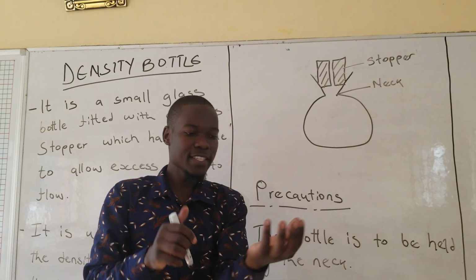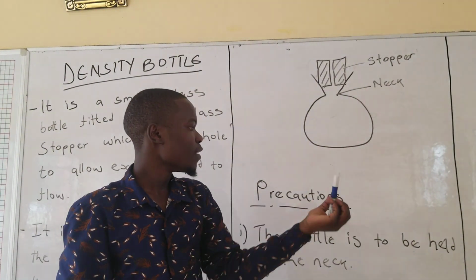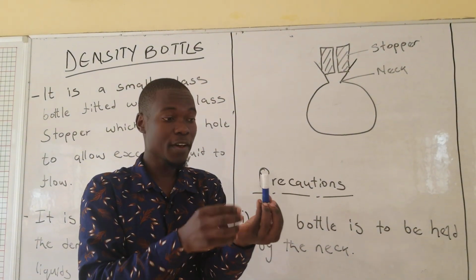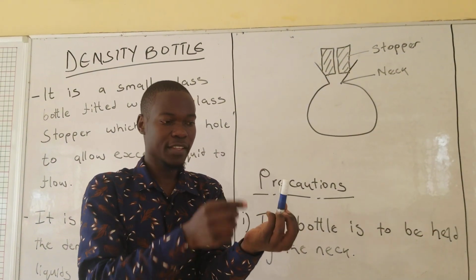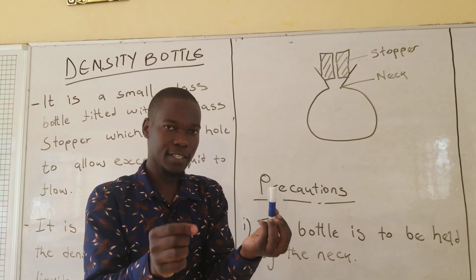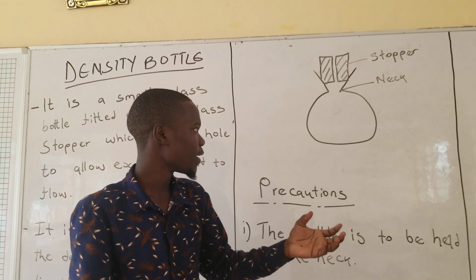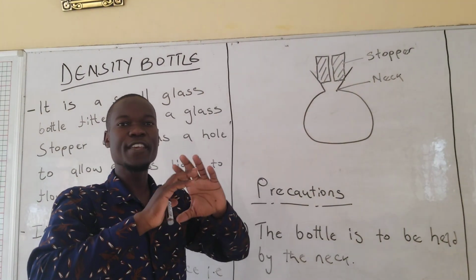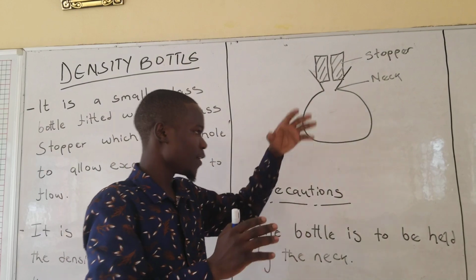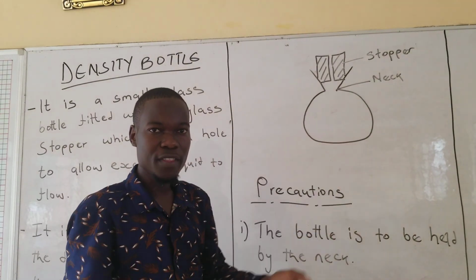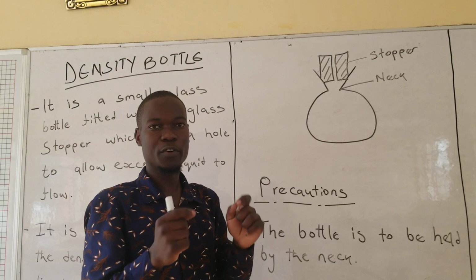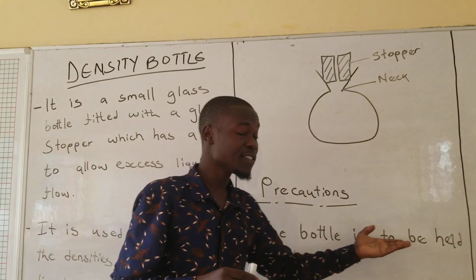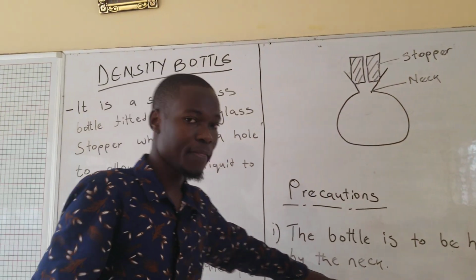My hand has a certain degree of warmth. Therefore, the moment I hold it this way, the density bottle, being made of glass, will expand. And the moment it expands, this is going to interfere with its capacity. If the capacity of the density bottle is interfered with, then we are not going to get the correct density of the substance. Therefore, the density bottle has to be held by the neck.